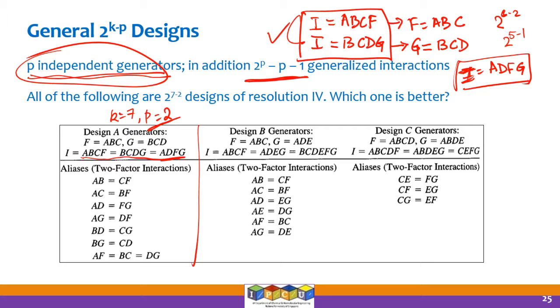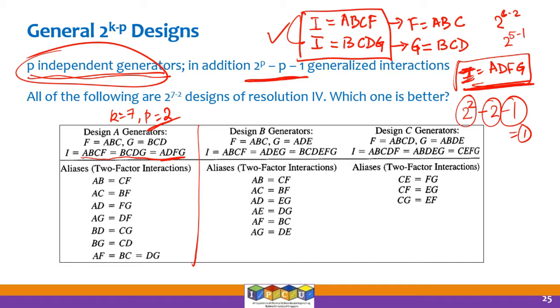So how much is this? 2 to the power of 2, because p is 2 here, minus 2 minus 1. So 2 to the power of 2 is 4, minus 2 is 2, minus 1 is 1. So we have one generalized interaction that we get from these 2. So in general, if you have p independent generators, for example, if p is equal to 3, that means we are doing a 1/8 fractional factorial.